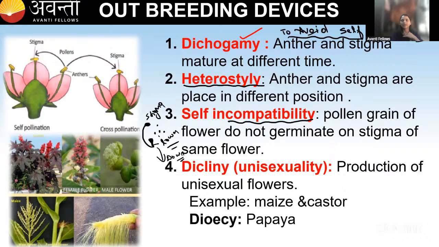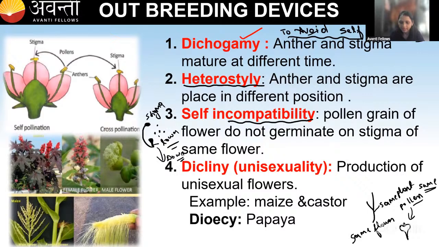In the same plant, the same flower produces the pollen grain, and that pollen grain falls on the stigma of the same flower and binds on it.